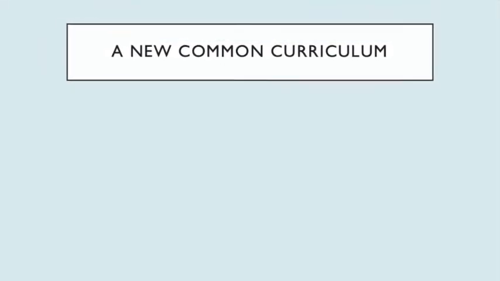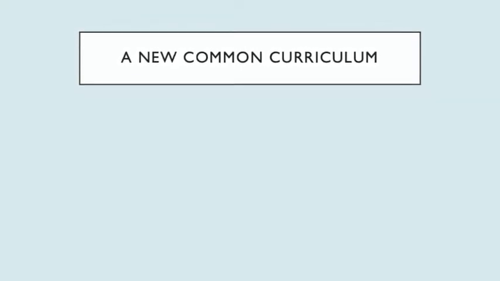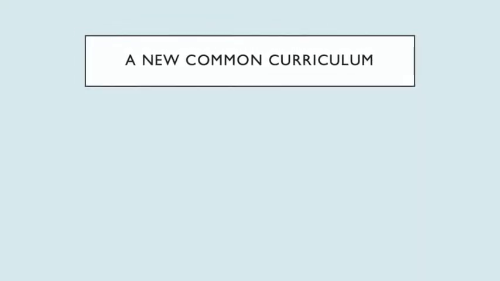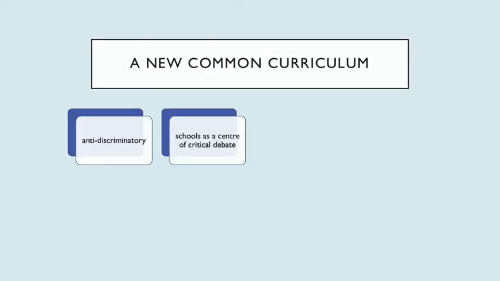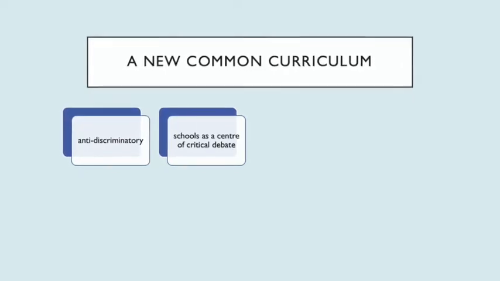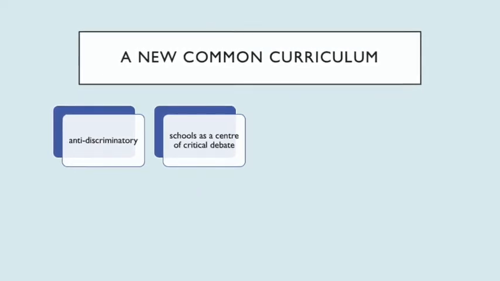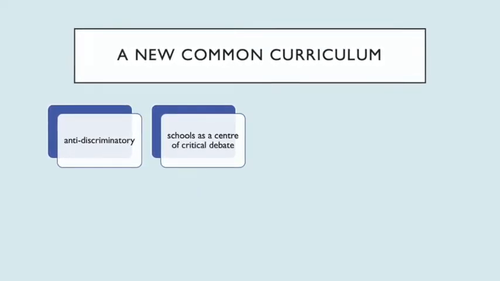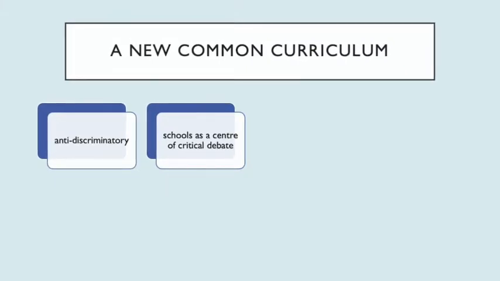Any curriculum which ignores racism, sexism, the exploitation of workers, and other forms of oppression supports the status quo. We need this new curriculum to be anti-discriminatory and make schools a centre of critical debate. The common curriculum would be varied and rich, allowing themes of human and natural processes to be explored in a range of ways through critical discourse.